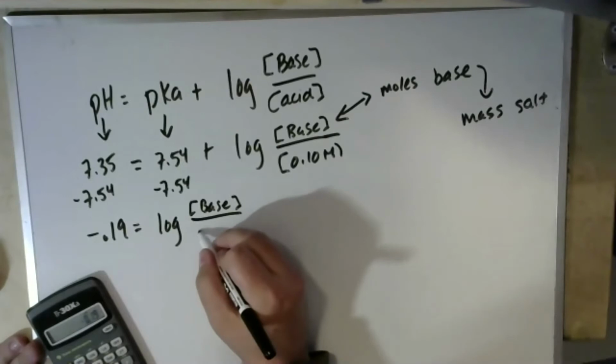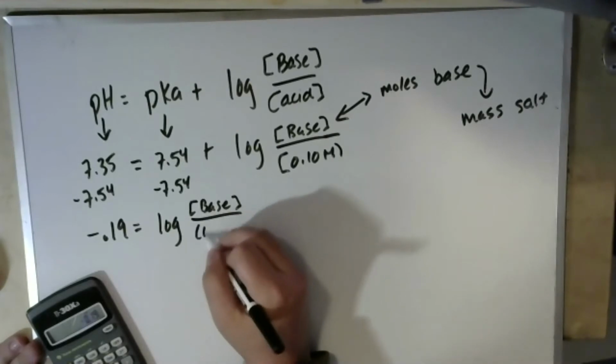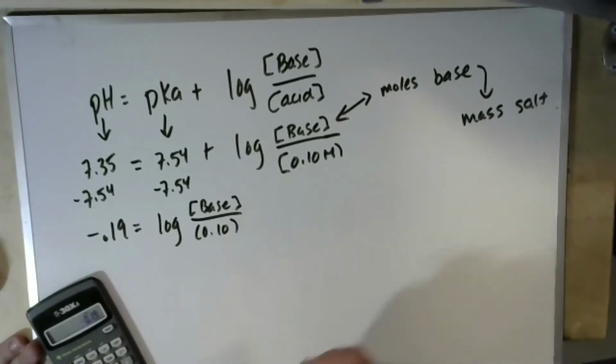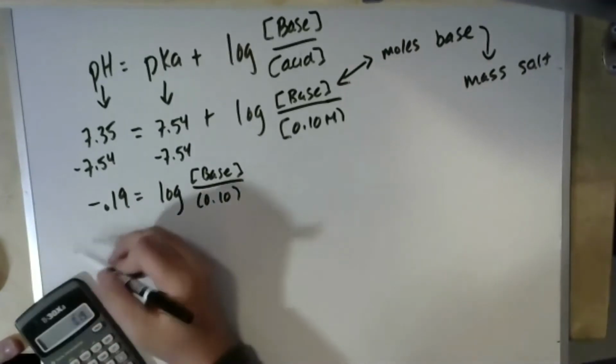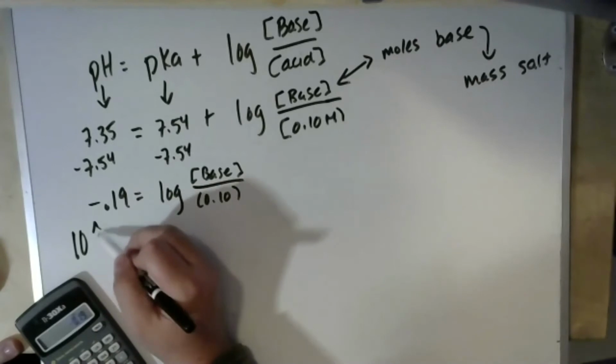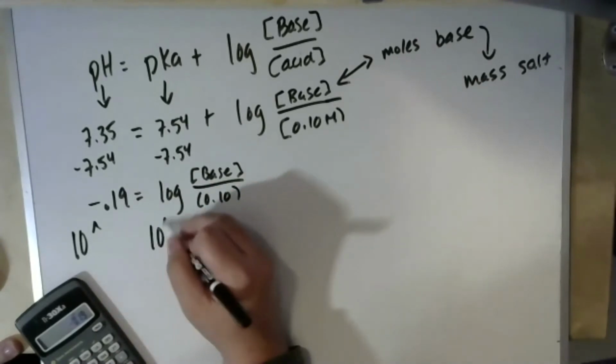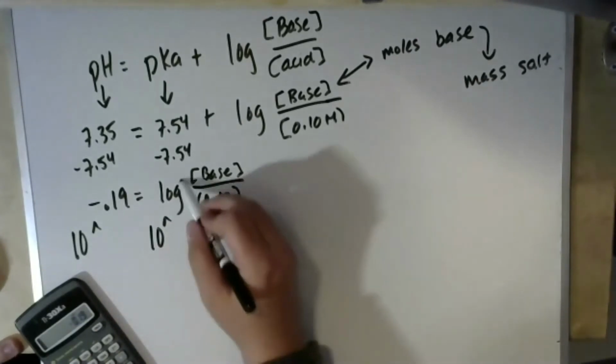over 0.10. Okay, and we have to get rid of this log. So to do that, we're going to raise both sides to the 10, so that'll cancel out.